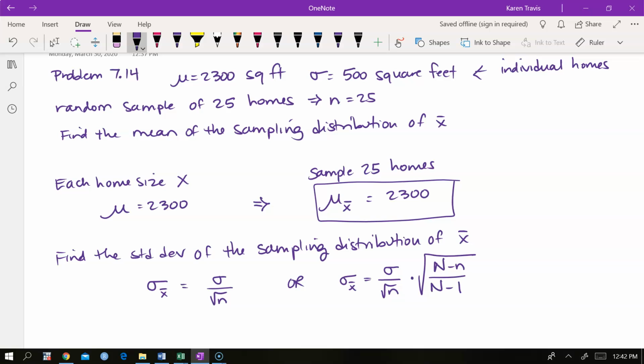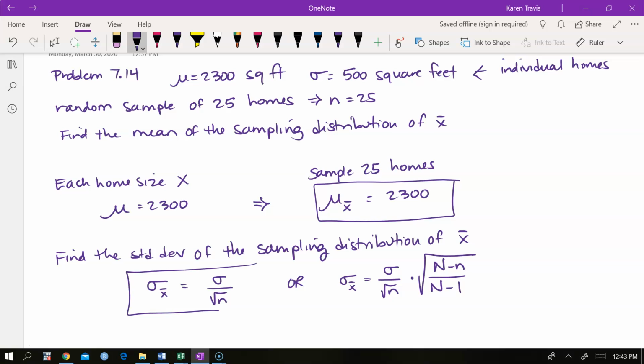This correction factor only is going to play into our story when we have a fixed population size, generally speaking. And here we just know it's a very large city and not a fixed population size.